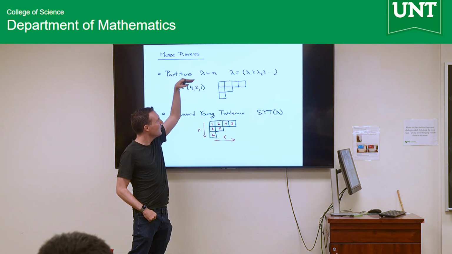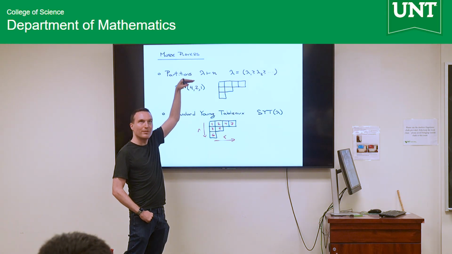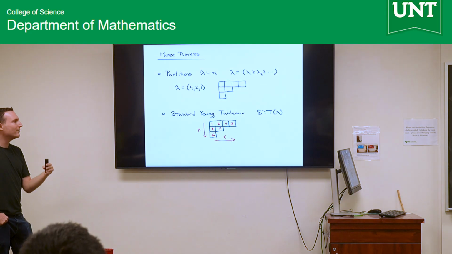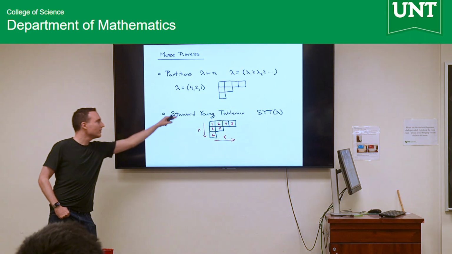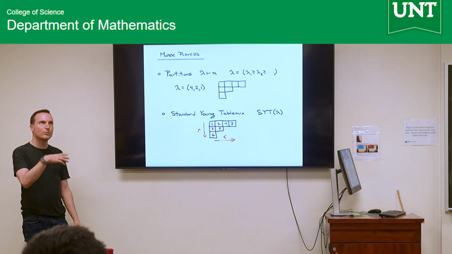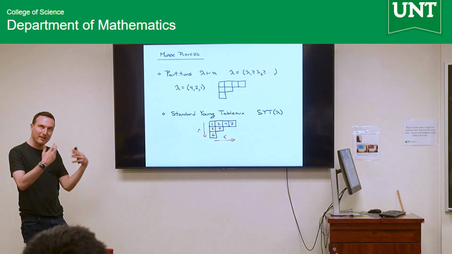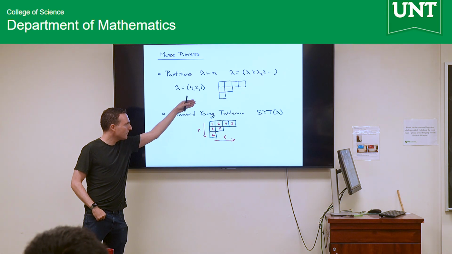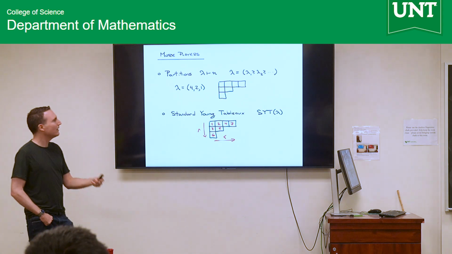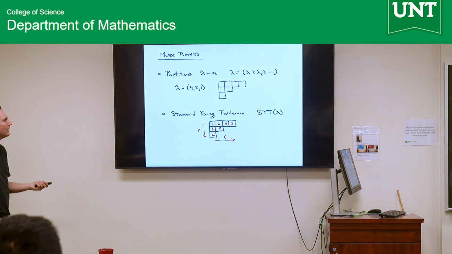So we have these left justified boxes with rows of length 4, 2, and 1. So we have partitions, but we also have a standard tableau. And a standard Young tableau is just going to be a way of filling this partition with numbers 1, 2, 3, 4, up to however many boxes you have, that increase going down and increase going across. So this is a standard Young tableau of shape 4, 2, 1.